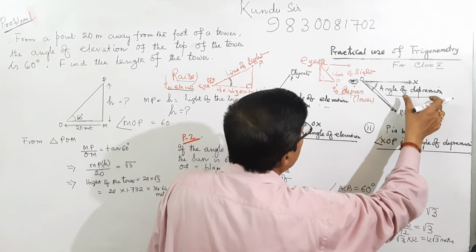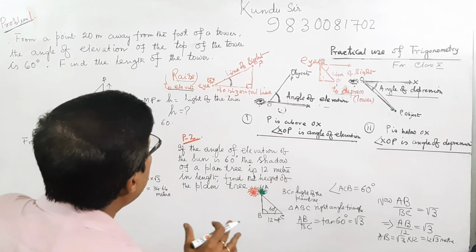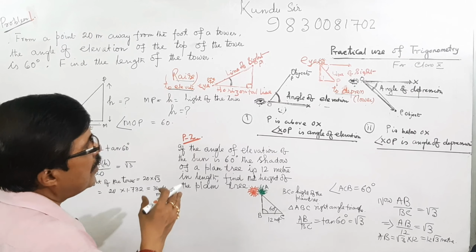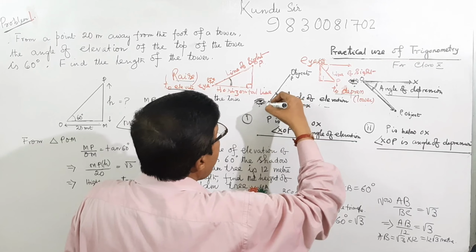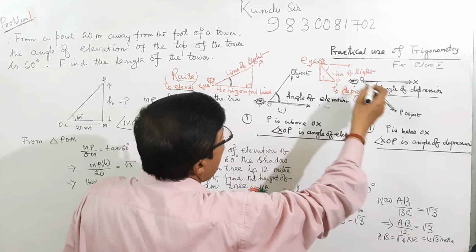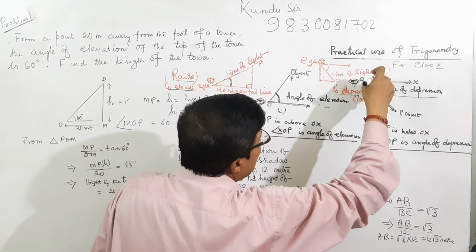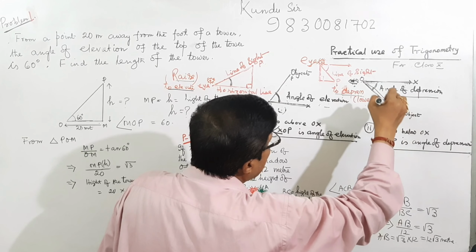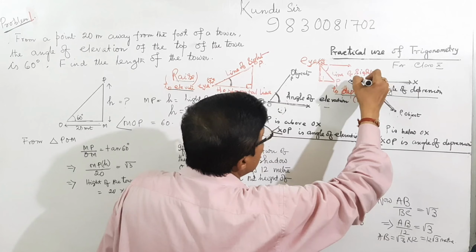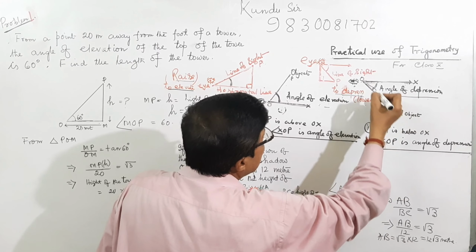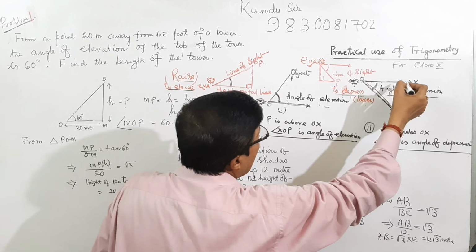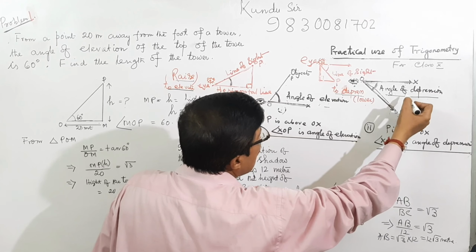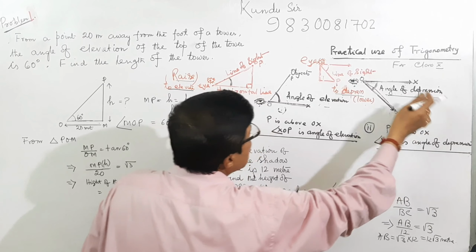Elevation is the upward side of the angle and depression the downward side.